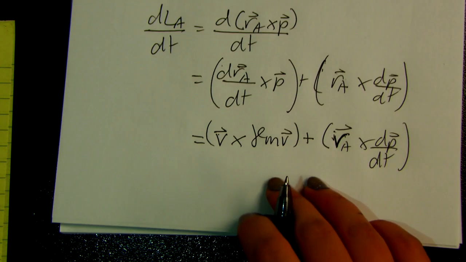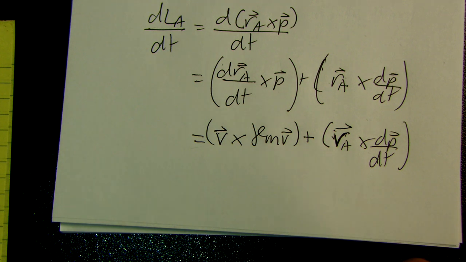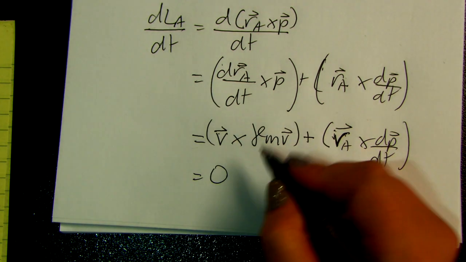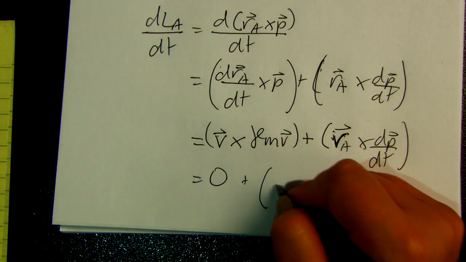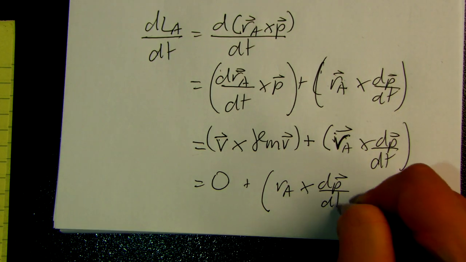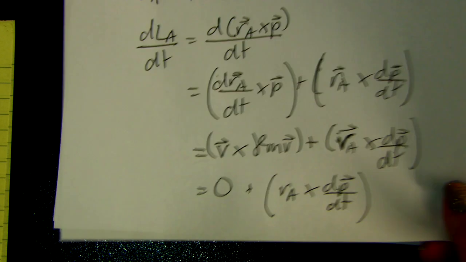And we've already stated that V cross V is 0, so these are just constants, they're just going along for the ride. This is equal to 0 plus R_A cross dP/dt. Moving on, this is just 0 plus R_A cross dP/dt, and dP/dt we've already defined is just the net force.